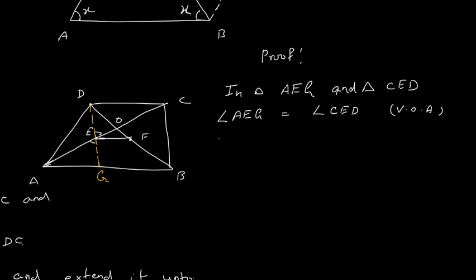Then we have side AE equal to side CE, since E is the midpoint. Then we have angle EAG equal to angle ECD. The reason is alternate angles.